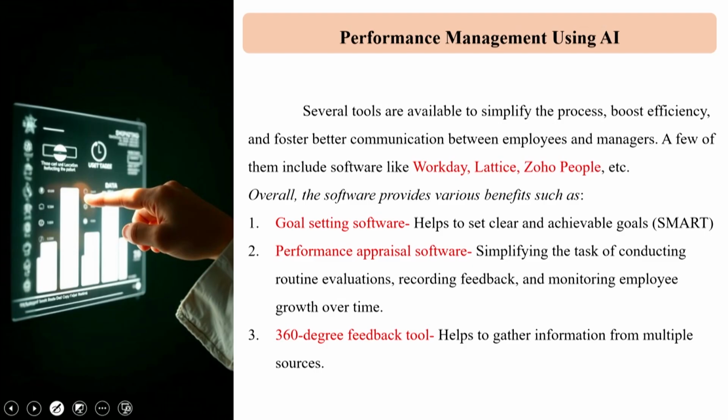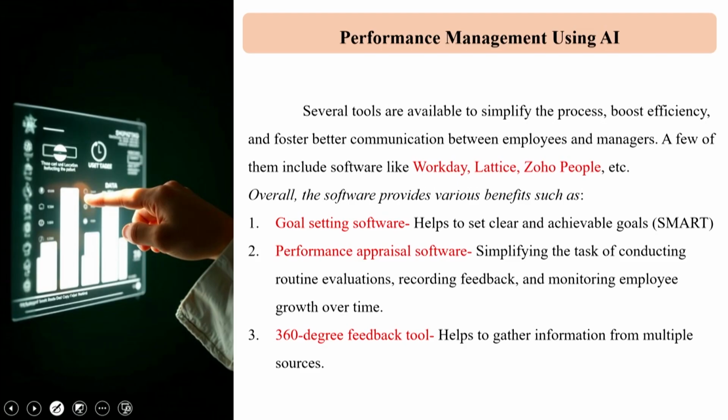Performance management is categorically established as an essential process, though it can often be time intensive and complex. Fortunately, there are several tools available to simplify the process, to boost efficiency and to foster better communication between employees and managers altogether.